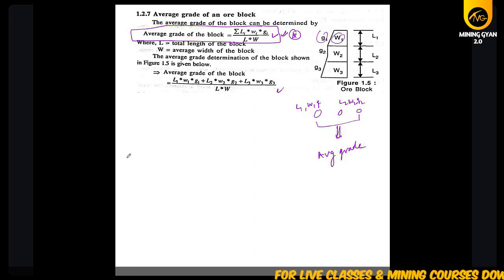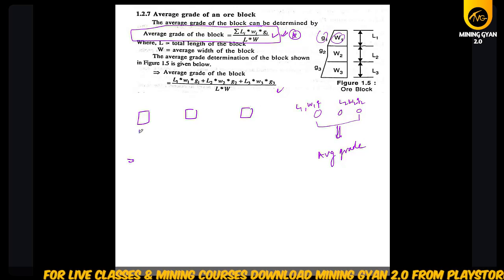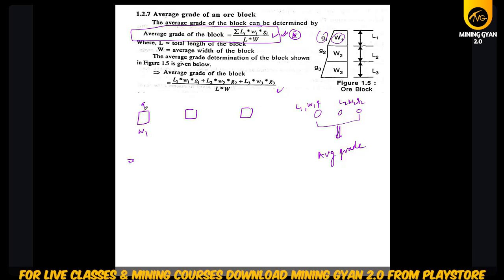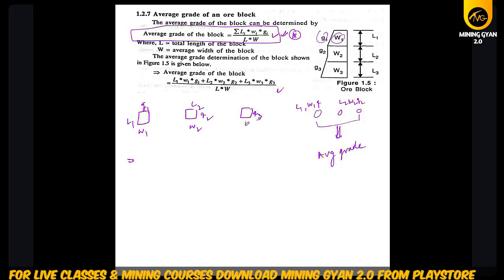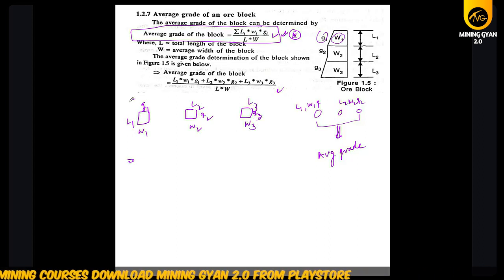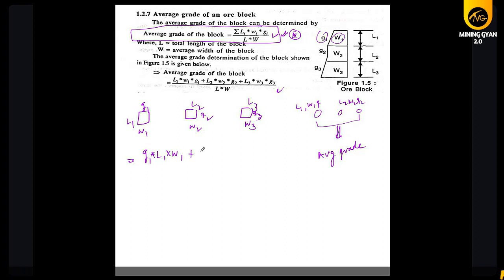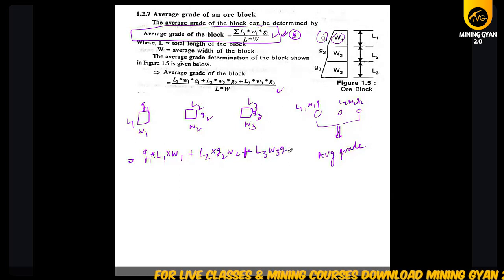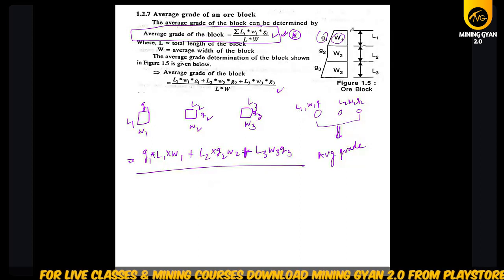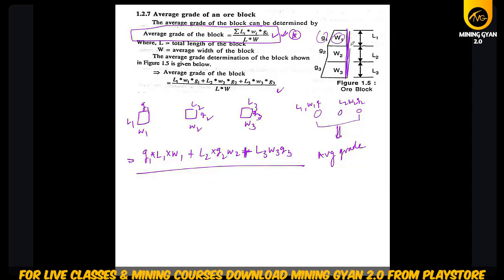So what will be the formula for average grade? Suppose this is your first sample, this is the second sample, this is the third sample. So its weight W1, grade G1, its length L1. Similarly W2, G2, L2, and W3, G3, L3. So you will multiply all these: multiply G1, L1, W1, add with L2, G2, W2, plus L3, W3, G3, and we will divide by the total length of these three samples.